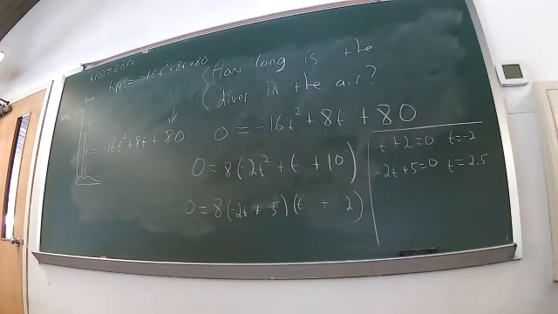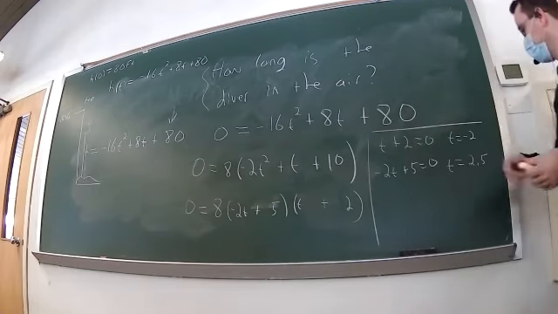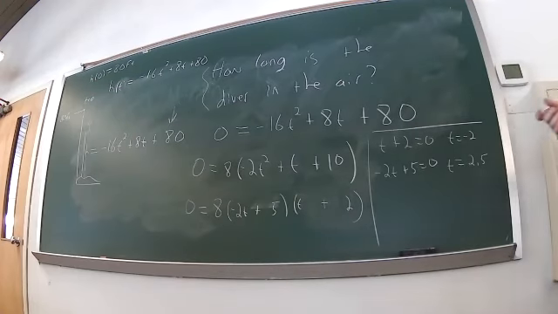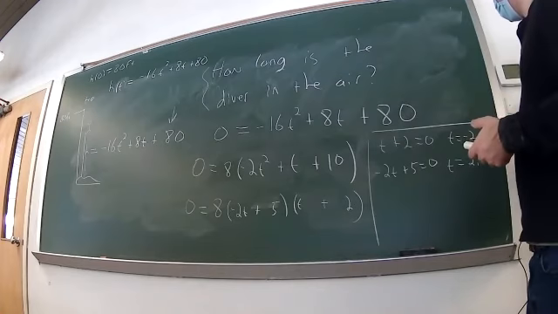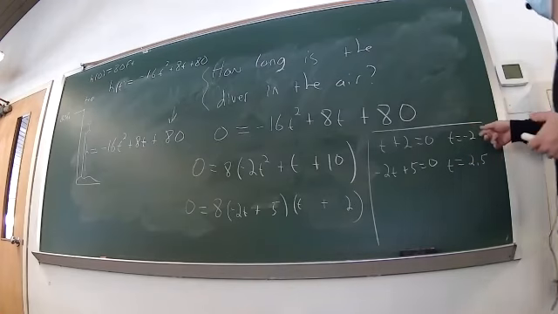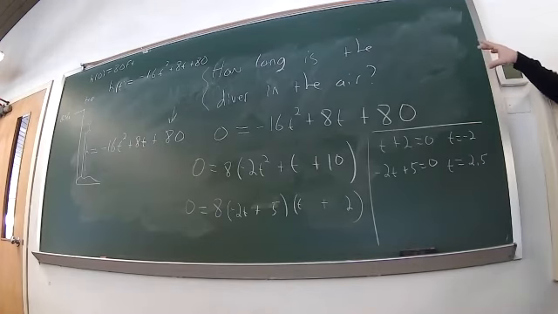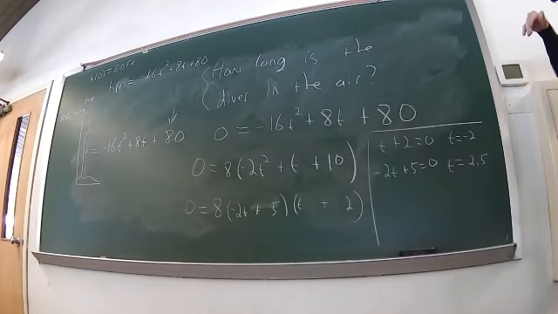I can immediately reject one answer as not being relevant to my physical situation. Which answer is not relevant to my physical situation? I think maybe the negative 2, because time should be the amount of time that's elapsed.